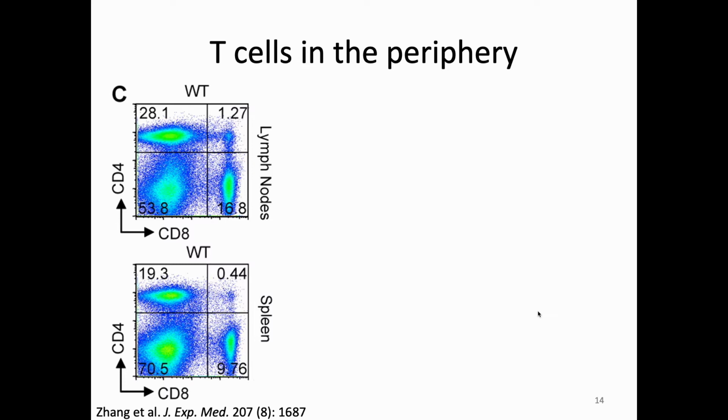So if you decided you wanted to be really particular, you could look at CD3 versus something else. It actually does not matter to us what the something else is.